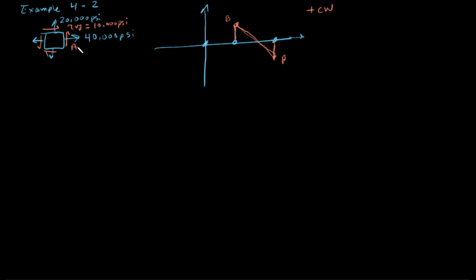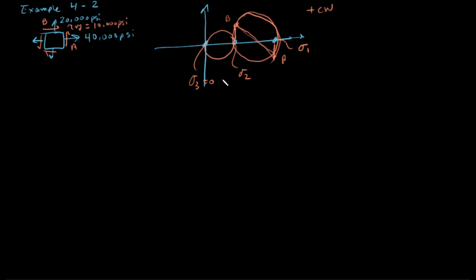This is my A face and my B face. So then I can draw my circle, okay? But in the three-dimensional state of stress, I also have this circle here, because this is now going to be sigma 1, this is going to be sigma 2, and my sigma 3 principal stress is 0.